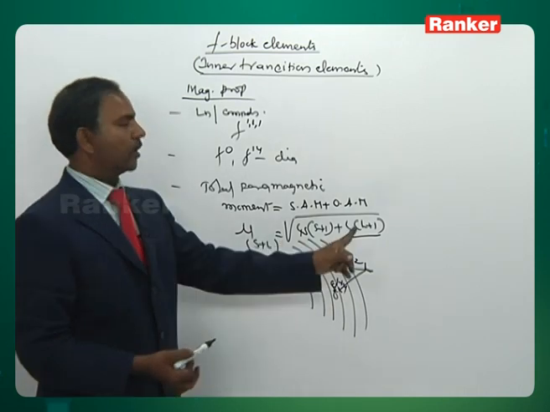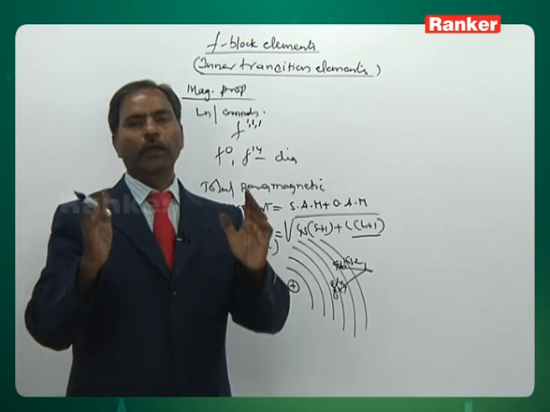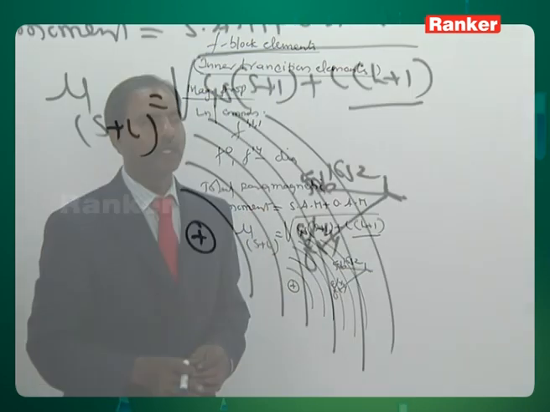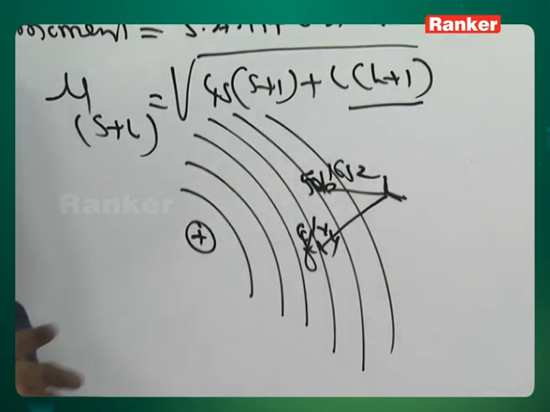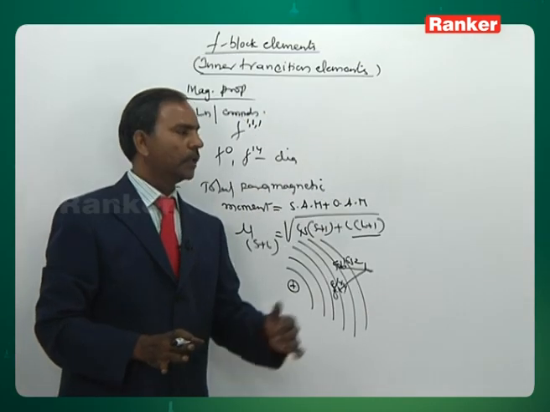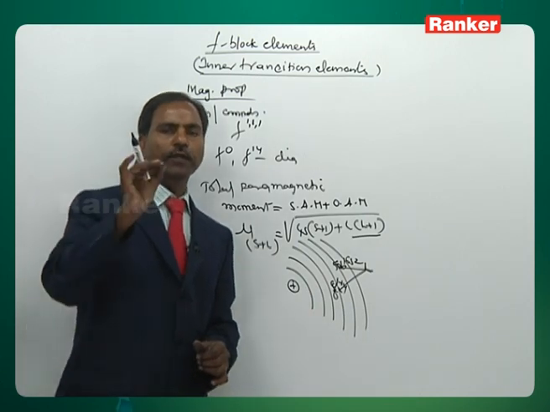Therefore, see the total equation you have to use for the calculation of total paramagnetic moment of f block or lanthanide elements. What I said: in the case of d block, the orbital angular moment is quenched by the ligand fields, especially in 3d series.